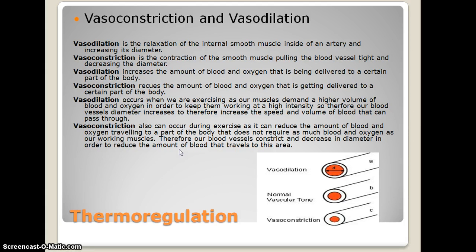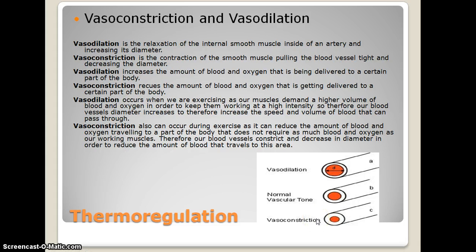As you can see there, again back to the diagram, the normal vascular tone in the centre there, and vasoconstriction, where the diameter is a lot smaller, so it does not allow as much blood and oxygen to travel through, preventing a lot of blood travelling to a certain part of the body.